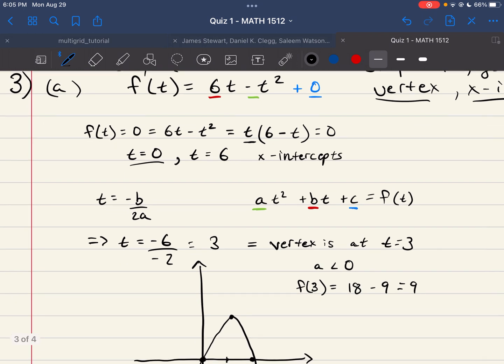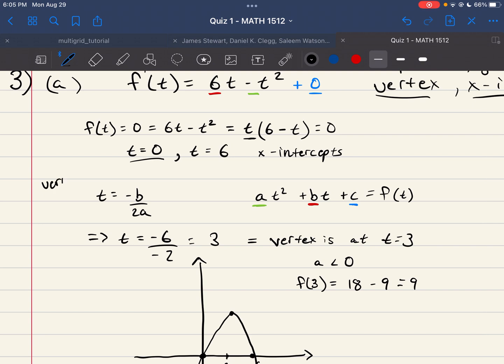Then to figure out the vertex, we've got a formula we could use, which is negative b over 2a. So let's write out the general form of the quadratic, which is at squared plus bt plus c equals our f of t.